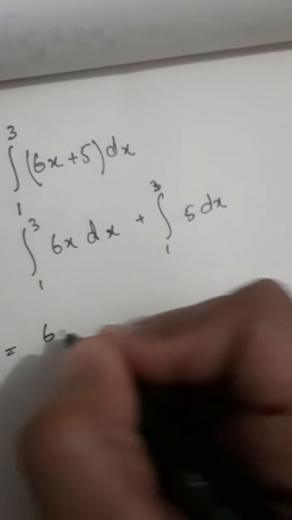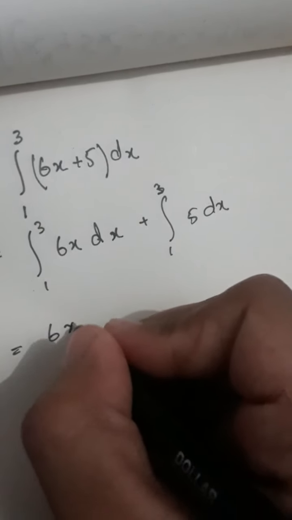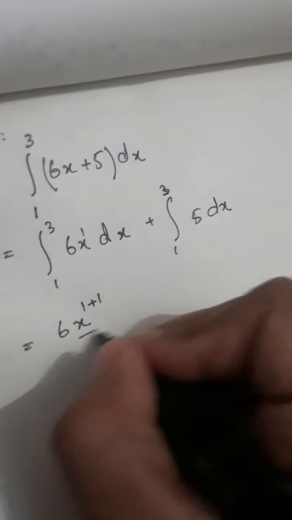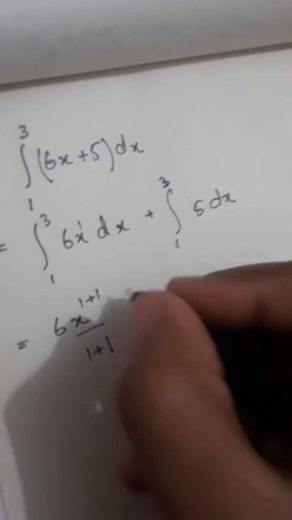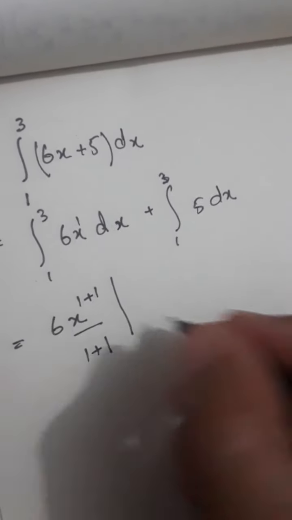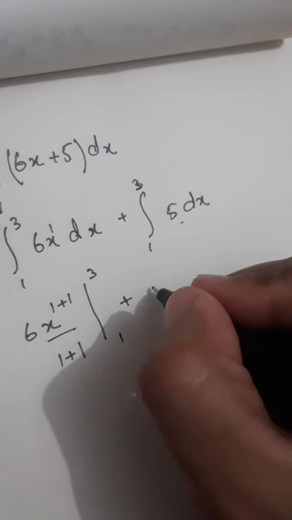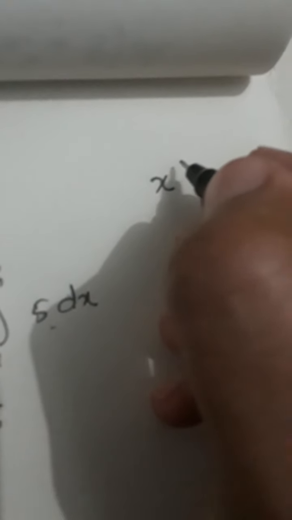This is going to give me 6, a coefficient or constant, I'll be writing it as such, and with x the power here is 1, so it will be 1 plus 1 divided by 1 plus 1. Here I'm no more going to write c, so I'll be writing the limits, which is 1 till 3. Plus, again 5 is a constant, and if you don't see any variable there, that means the variable had power 0, because anything raised to the power 0 is equal to 1, and anything multiplied by 1 is the same thing again.